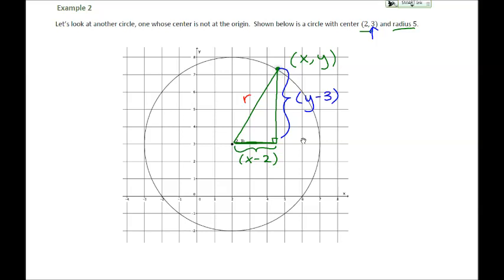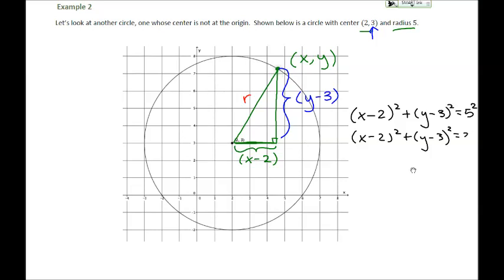So I could write an equation for this circle as x minus 2 squared plus y minus 3 squared is equal to, now the radius is 5 squared. Or if I square the 5, I get (x minus 2) squared plus (y minus 3) squared equals 25. And that is the equation for this circle.